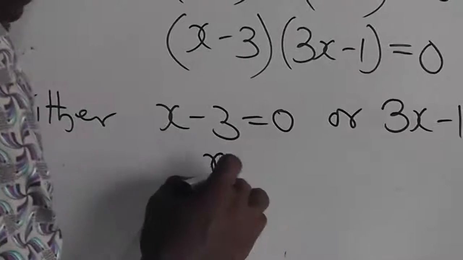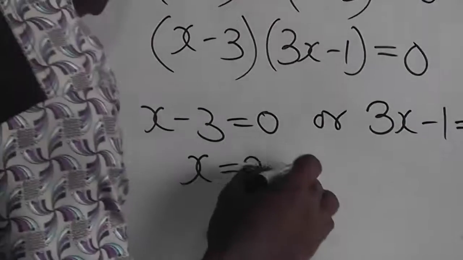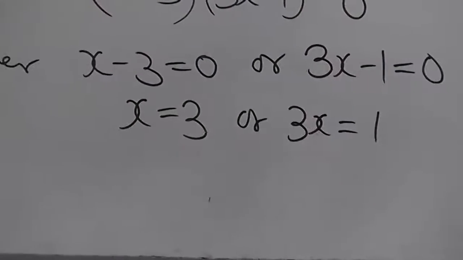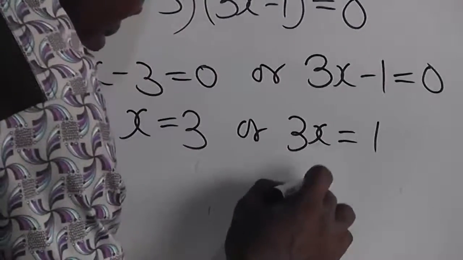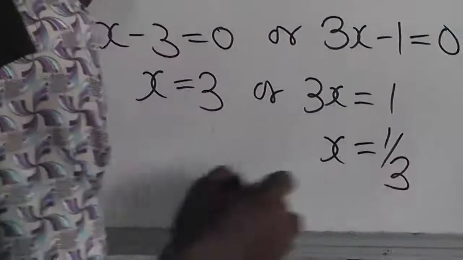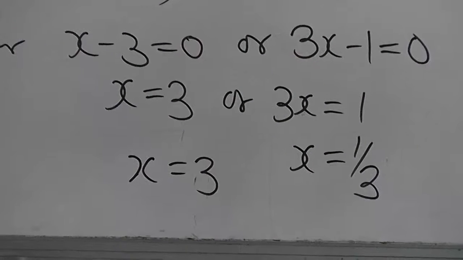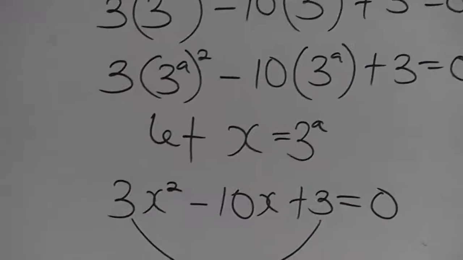If you collect your like terms, you will have x is equal to 3 or 3x is equal to 1. If this minus 1 crosses here, it becomes plus. So if you divide both sides by 3, you're going to have x is equal to 1 over 3. x is equal to 3. Now if you would recall, our x was initially equal to 3 raised to the power a.